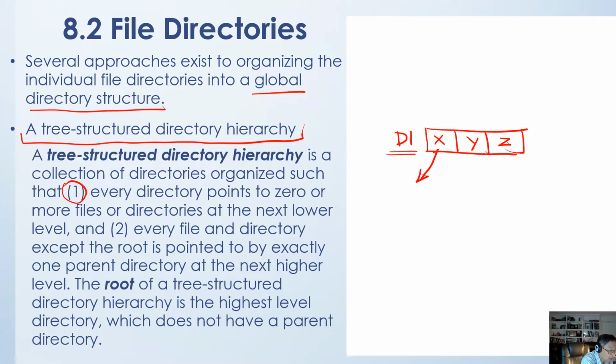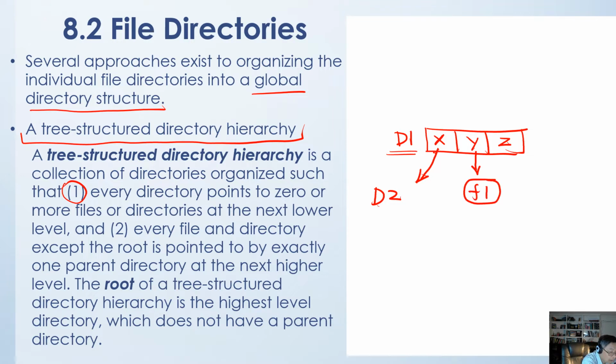So for example, X could be another directory, and I use D2 to represent it. X is the file name, an ASCII name for that directory D2. Now Y could be the ASCII name for a file. It's actually a file, I call it F1.